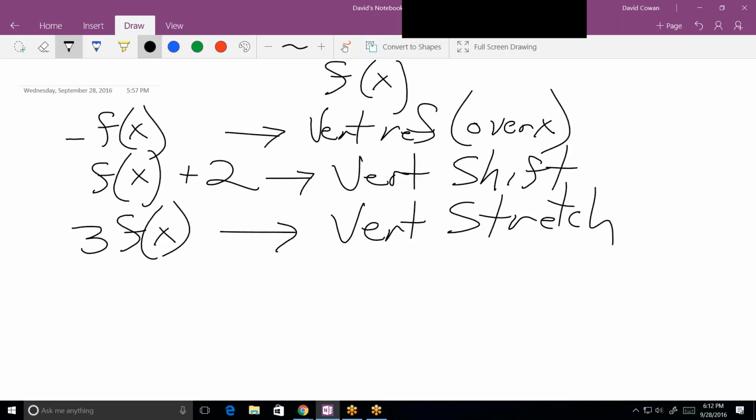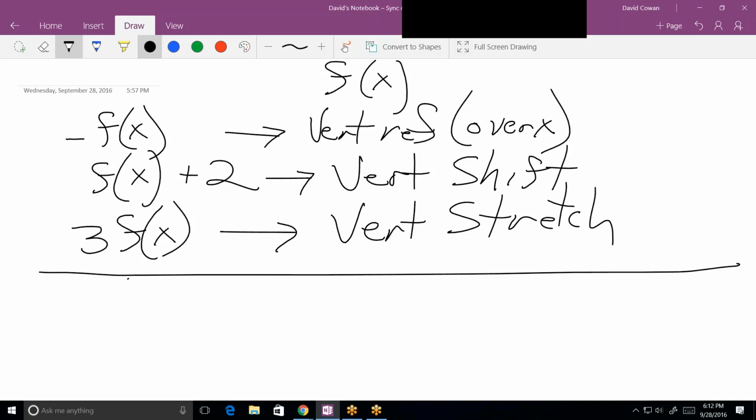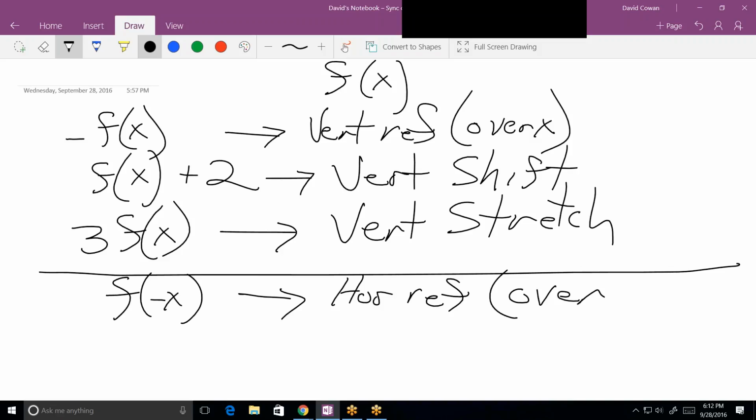Okay, and now you have 3 horizontal ones. That is a horizontal reflection, meaning over y. In other words, if you take a function and you reflect it over the y-axis, it's a horizontal reflection.